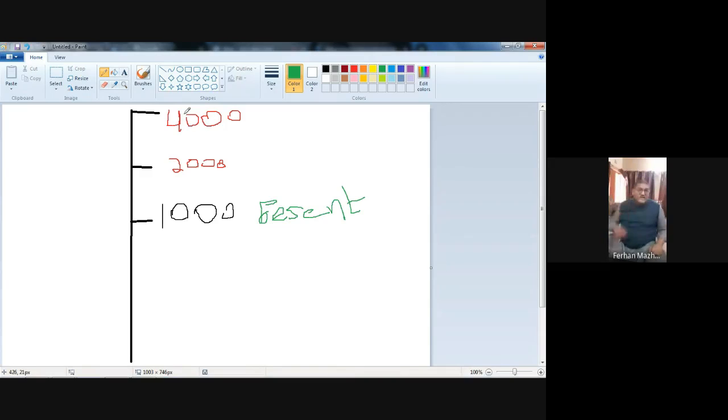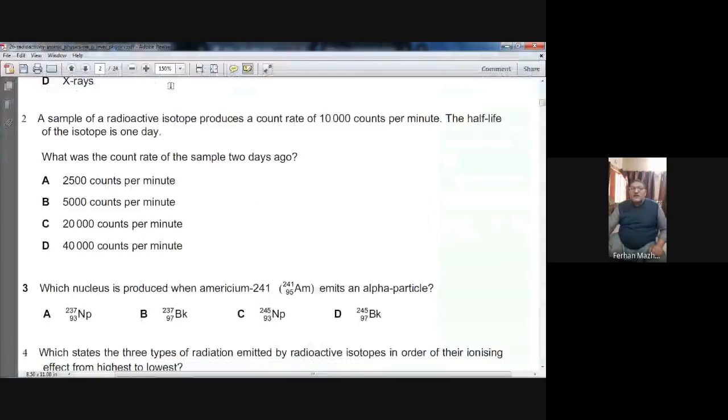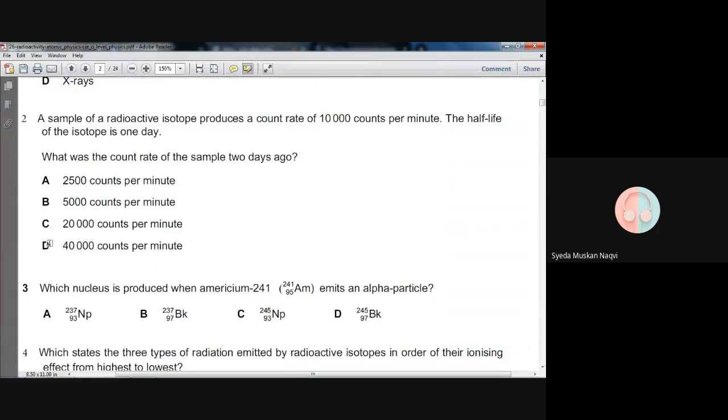Do you understand? Yes, sir. So the answer should be 4000. Okay, so the D looks no. Sorry, I wrote there 1000. It was 10,000. So 1 day before it was 20,000, and another 1 day before it was 40,000. So D is the choice. Do you understand? Yes, sir. Okay.